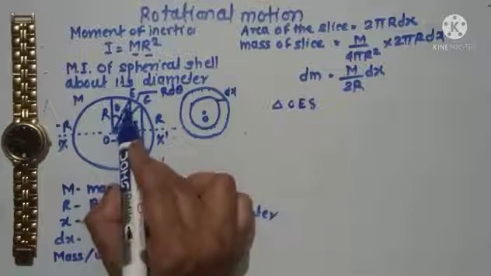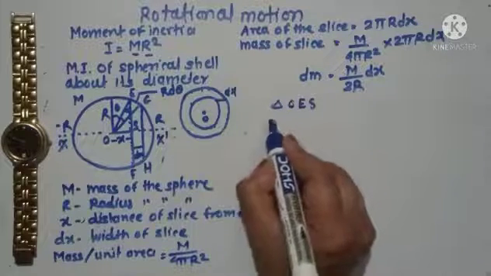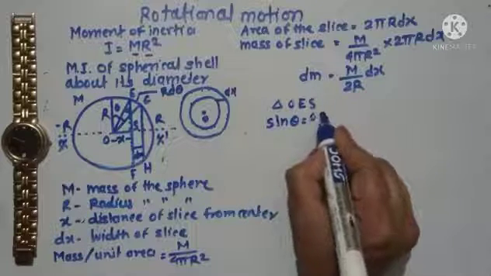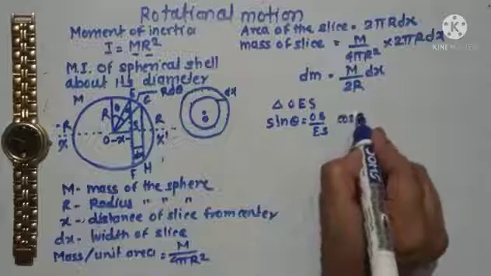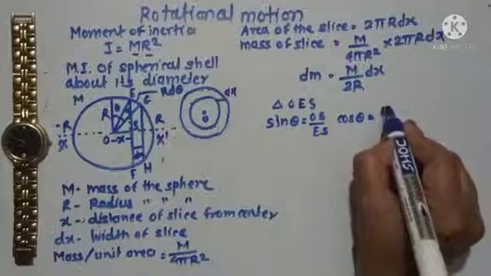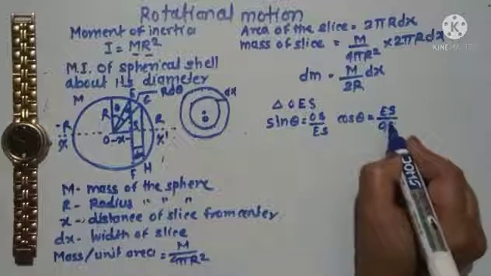So if this angle is theta, then in triangle OES we can write sin theta is equal to OS upon OE, and cos theta is equal to ES upon OE.